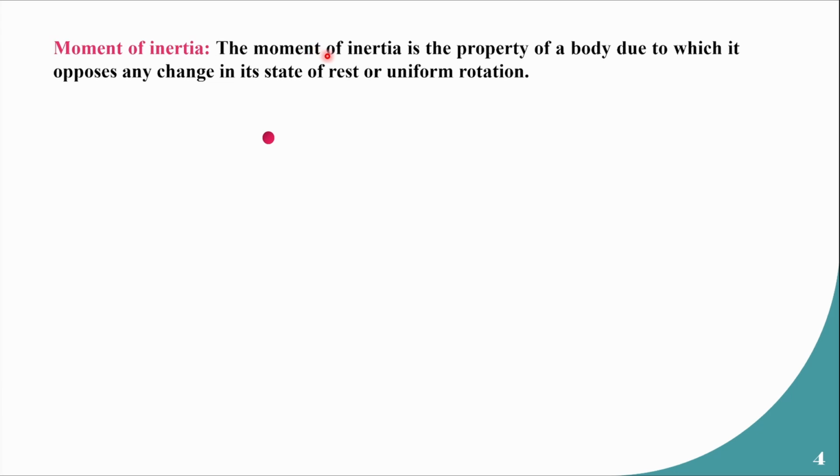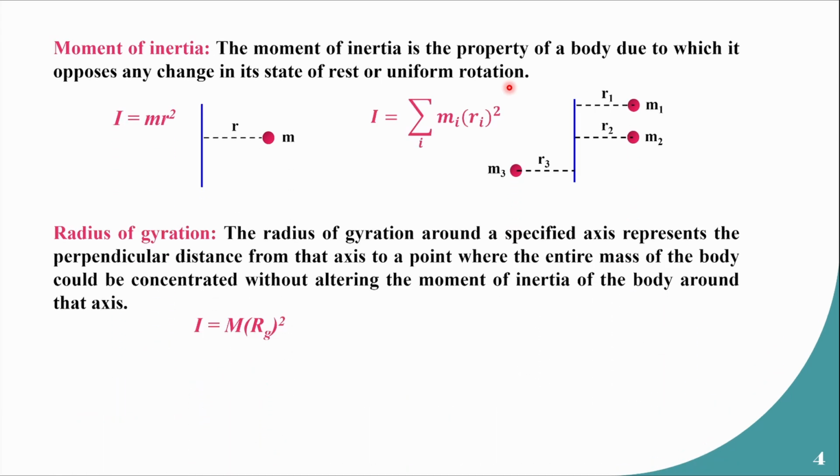Moment of inertia is basically the same concept, but regarding rotation. It is the property of a body due to which it opposes any change in its state of rest or uniform rotation.